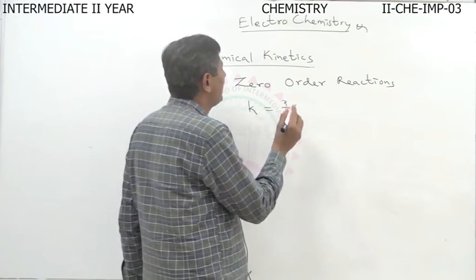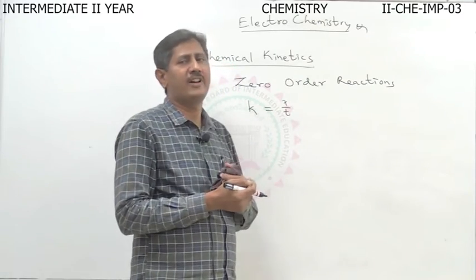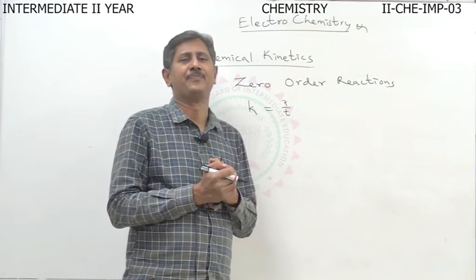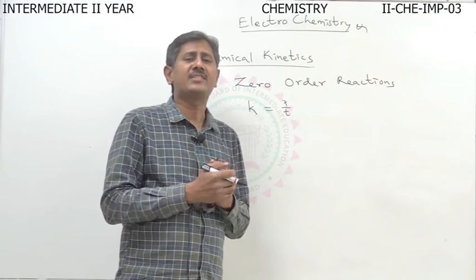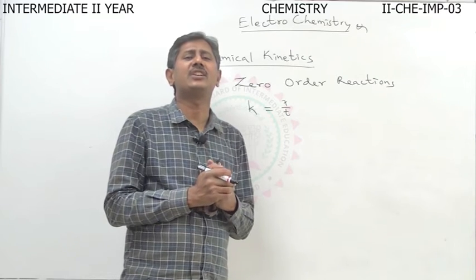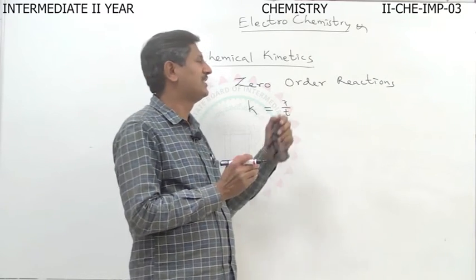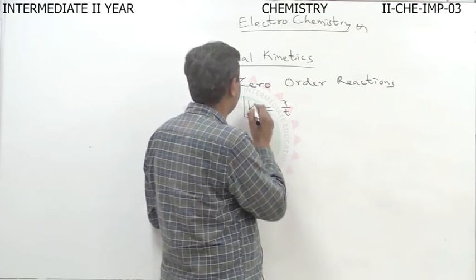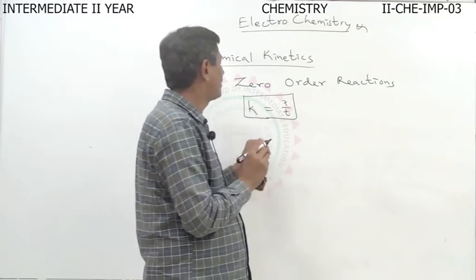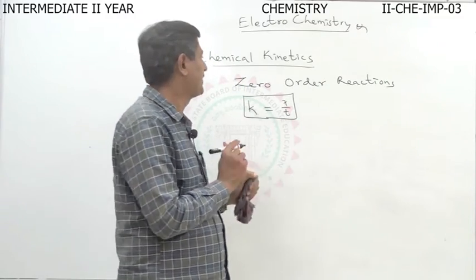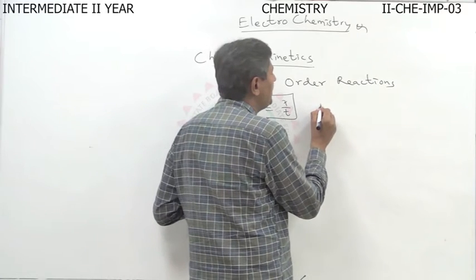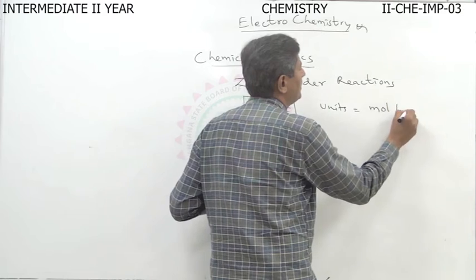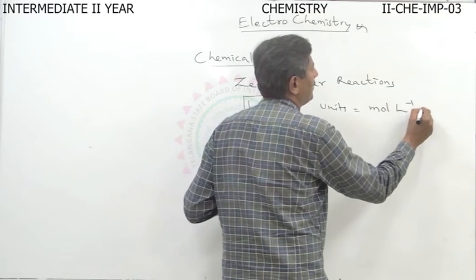The reaction in which the rate does not depend upon the initial concentration of reactants is called a zero order reaction. For the zero order reaction, the rate constant is given by k is equal to x by t, and the units of the rate constant are moles per liter per second.